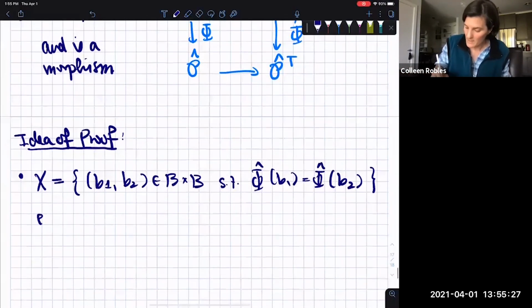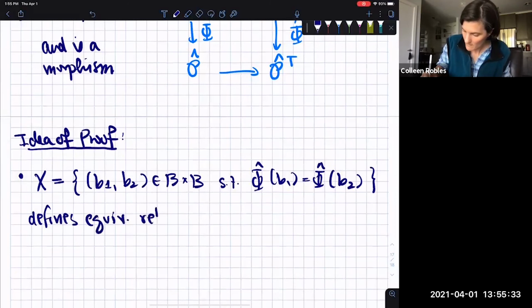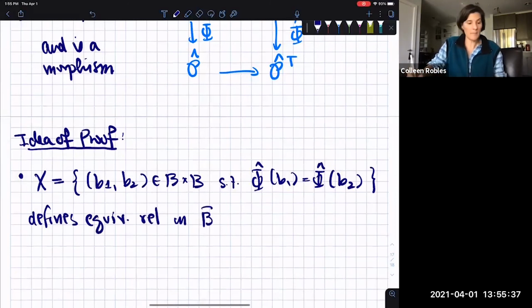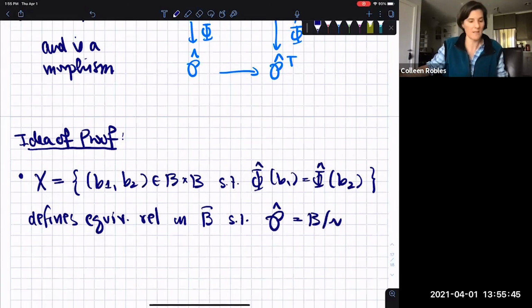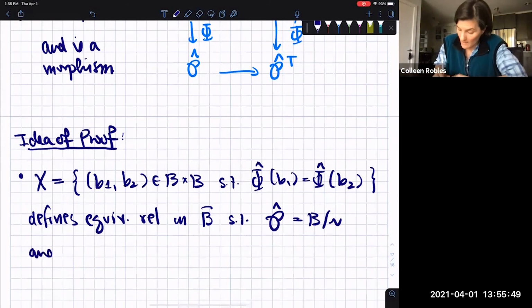So this defines an equivalence relation on B, so that the image of this period map, P hat, is of course just the quotient of B by this equivalence relation, and the period map is the quotient.